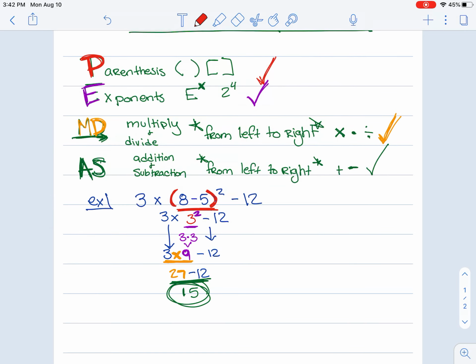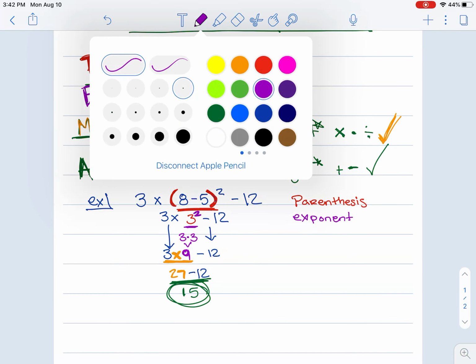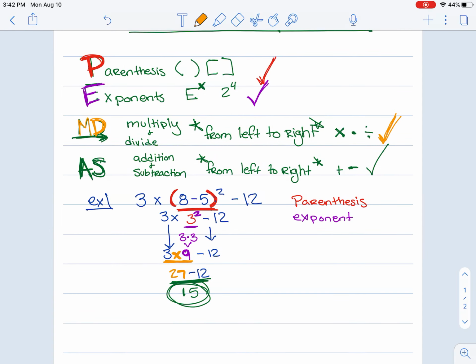So under this first part, we're going to put that this was parentheses. Under the second part, what we did is we did that squared, which is an exponent. Under the third part, we did multiplication.